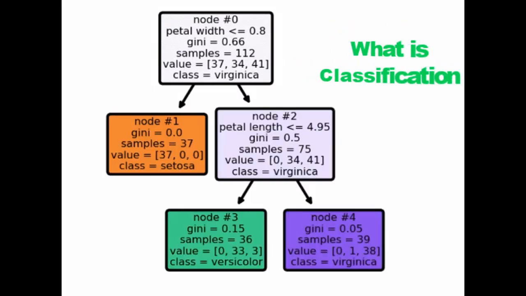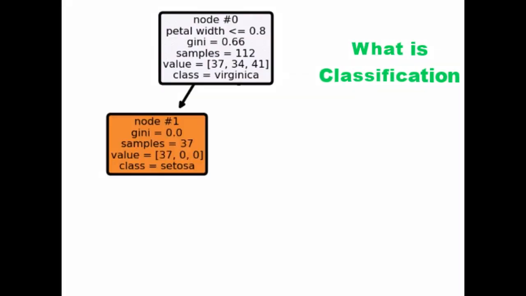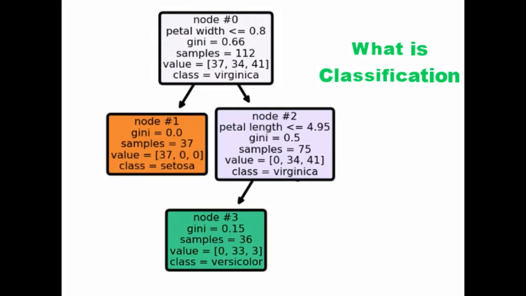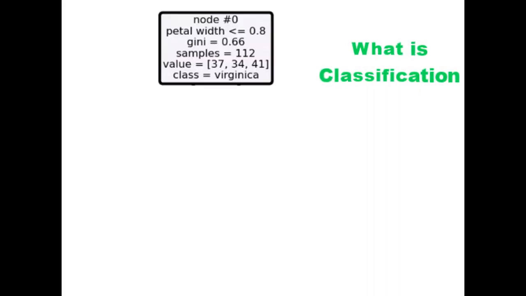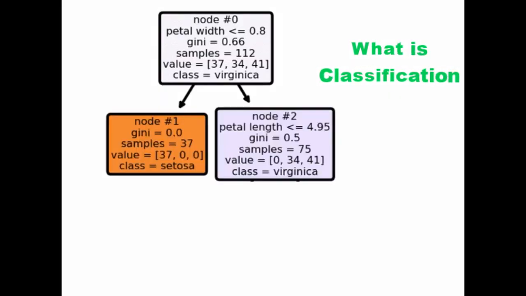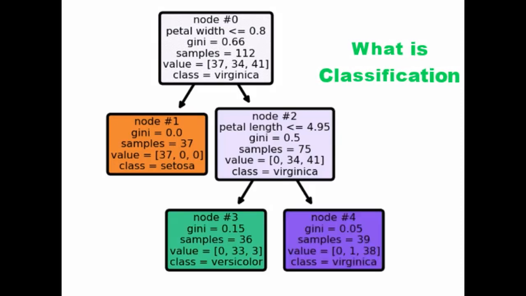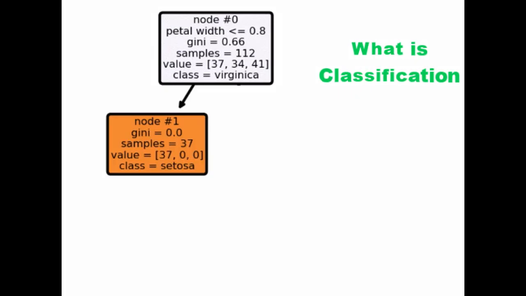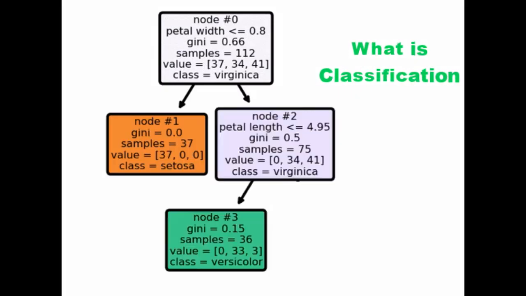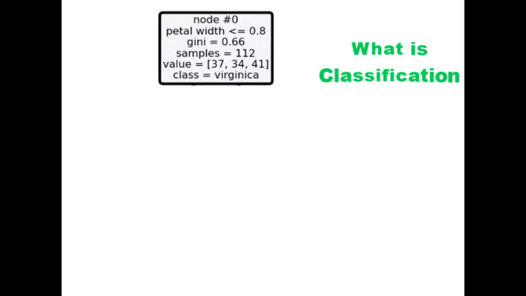In machine learning, classification means a class label is predicted for a given example of input data. For example, using machine learning, we can classify whether a given email is spam or not spam. Classification is different from regression in the sense that classification is about predicting a label and regression is about predicting a quantity.